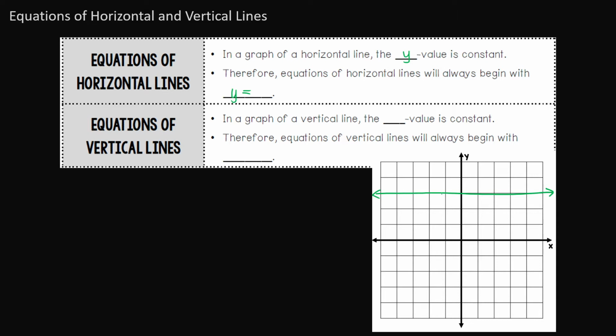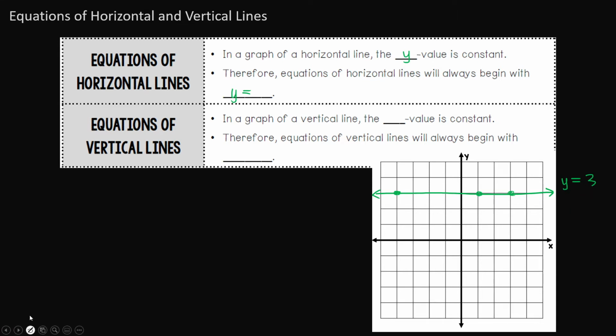This equation is going to start with y equals, but I need to know what the y value is. For every x value on this horizontal line, the y value is 3. At this coordinate, this is 1, 3. You've got 3, 3. You have negative 4, 3. All of the y values are the same. So this equation is y equals 3.